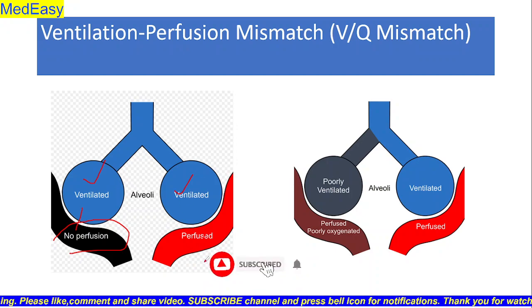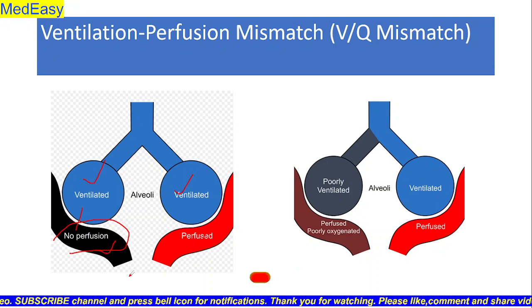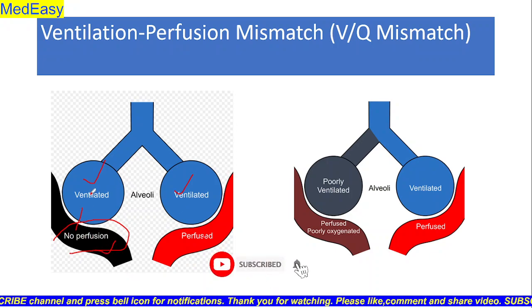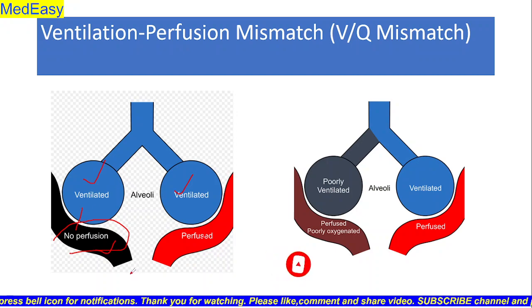The blood coming to this part of the alveoli will be matched, CO2 will be washed out and oxygen will be taken in, but not in the case here, where there is no perfusion. So, blood will not be oxygenated ultimately and all the deoxygenated blood will be circulating through the systemic circulation.